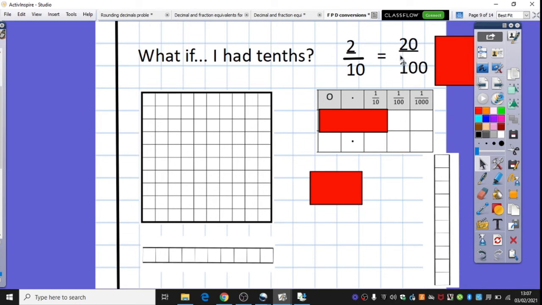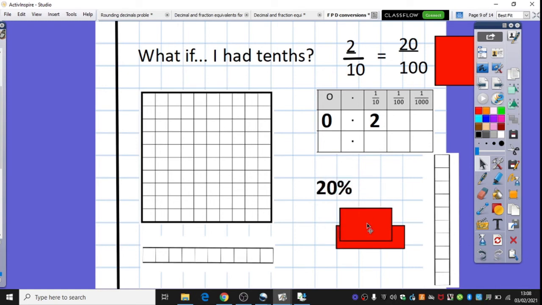So we can see here that 20 hundredths are equal to 2 tenths. As a decimal, we'd still record that as 0.2, because 2 tenths is equal to 20 hundredths. And so if it's 20 out of 100, it's going to be 20%.